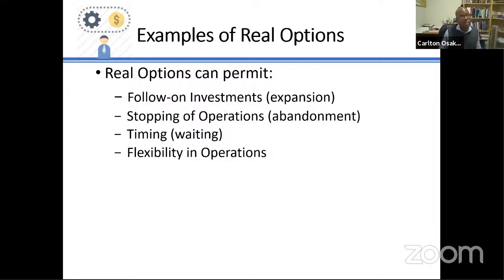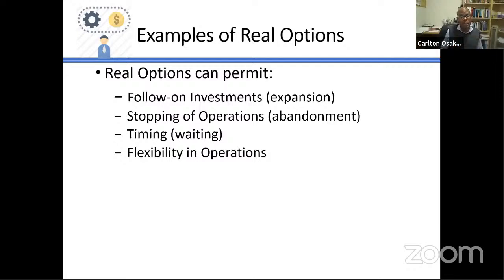Or you have the flexibility to sometimes crank down your production if things aren't going well. So you can expand or you can contract. Then, of course, if things just collapse completely, you always have the flexibility to stop operations. Okay? And this is called the abandonment option. And it turns out that abandonment option actually has a fair amount of value in it.